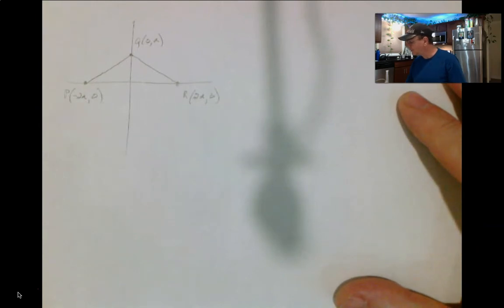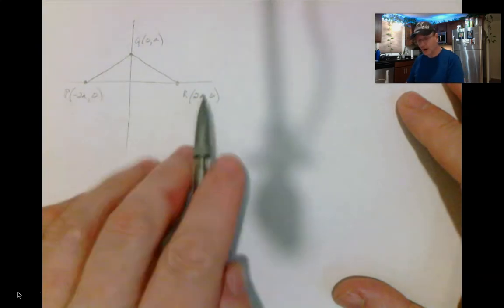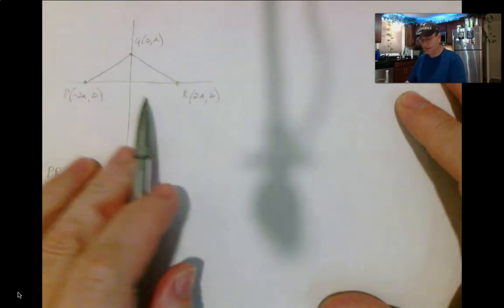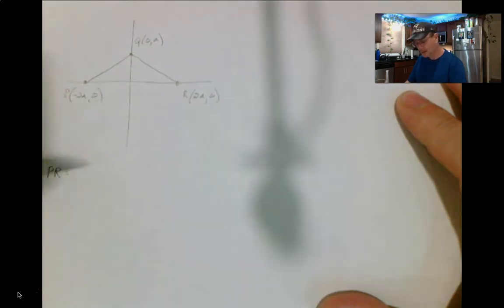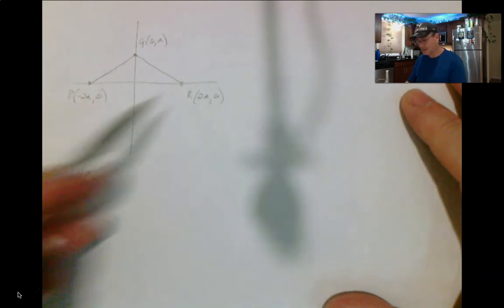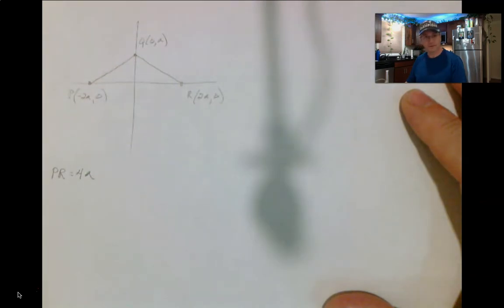Our goal is to find the length of each side and then find the coordinates of the midpoint of each side. So the length of PR, easy. PR equals 2a plus 2a, 4a units. Okay. The length of, we'll do RQ first. Distance formula if you want, or Pythagorean theorem.